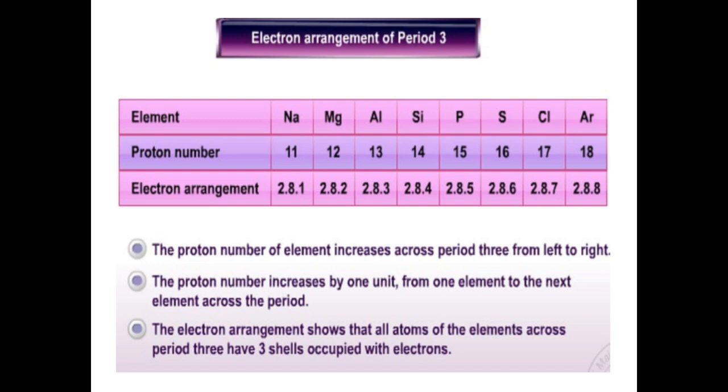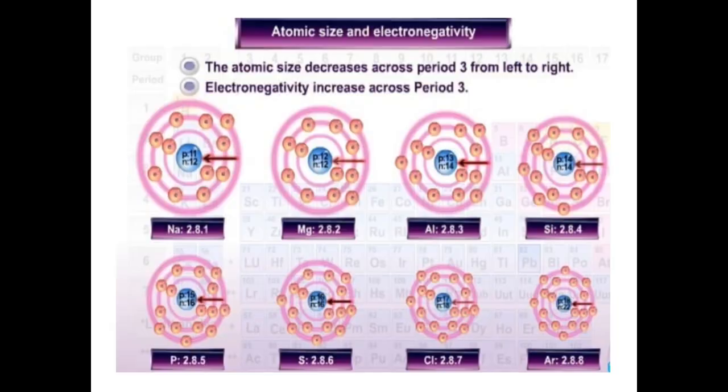Now let's look at the atomic size and electronegativity. Let's look at how they are arranged in these shells. You will see that each of them maintains 2,8. The only difference is that the outermost electrons, which are the valence electrons, continue to increase by 1 respectively.